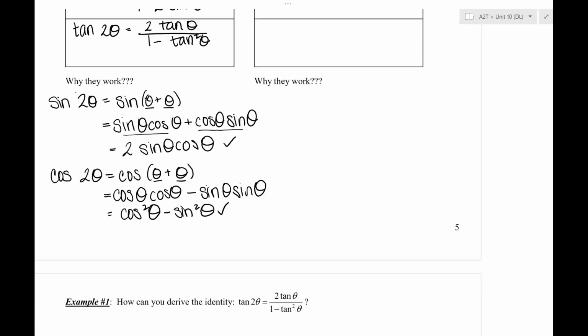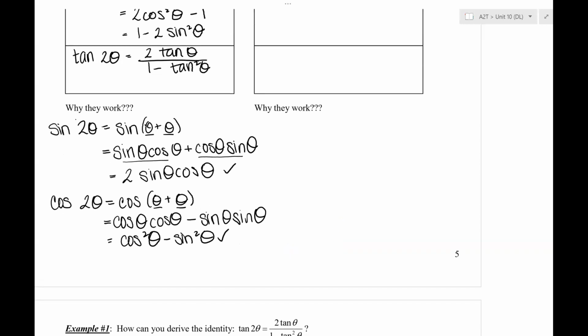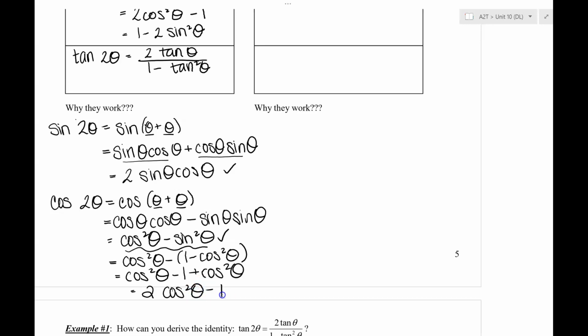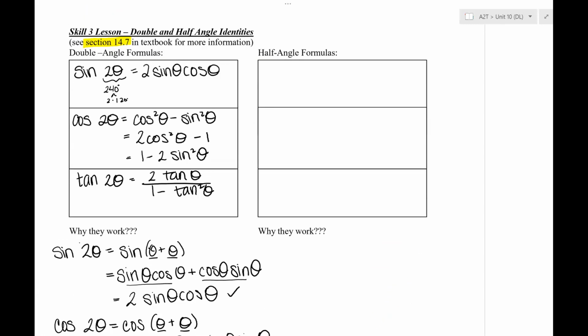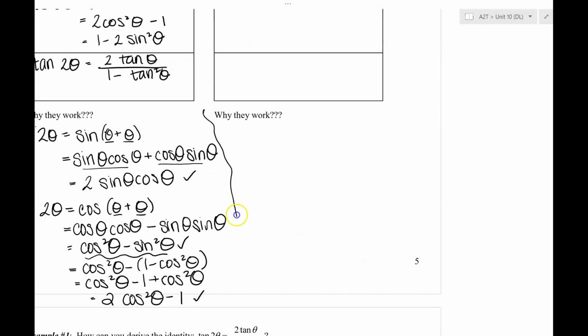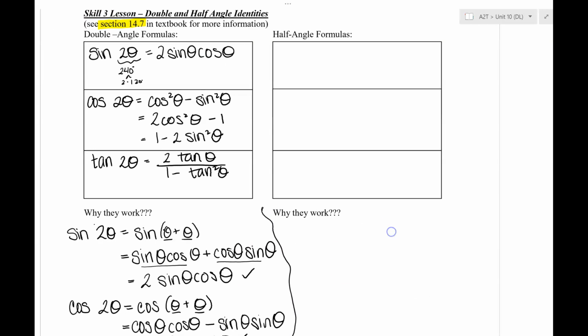Now, I did mention that cosine squared theta and sine squared theta can be rewritten because of the Pythagoreans. So let's change sine squared theta to be 1 minus cosine squared theta. Distribute the negative like we normally would, so minus 1 plus cosine squared theta, and we end up with 2 cosine squared theta minus 1, which is the second option for the cosine double angle. Kind of cool. I know, not everyone appreciates it like I do, but I think it's pretty awesome.